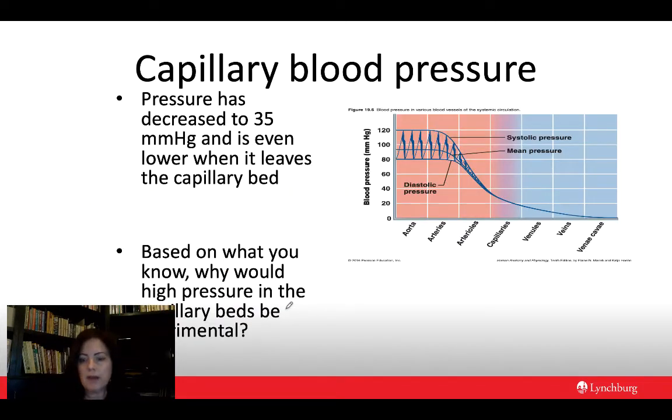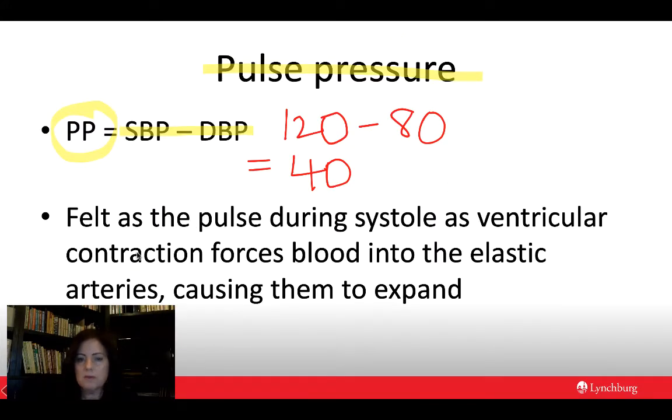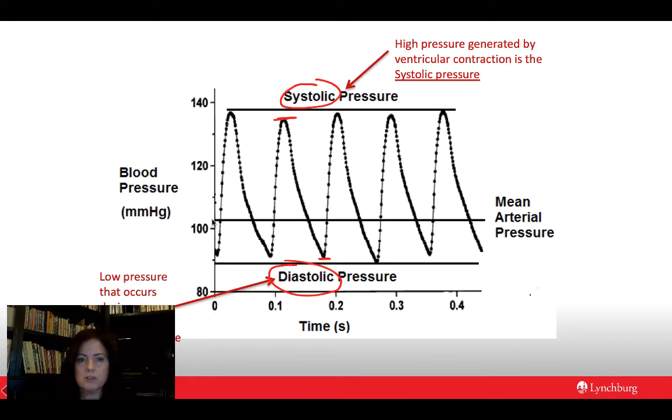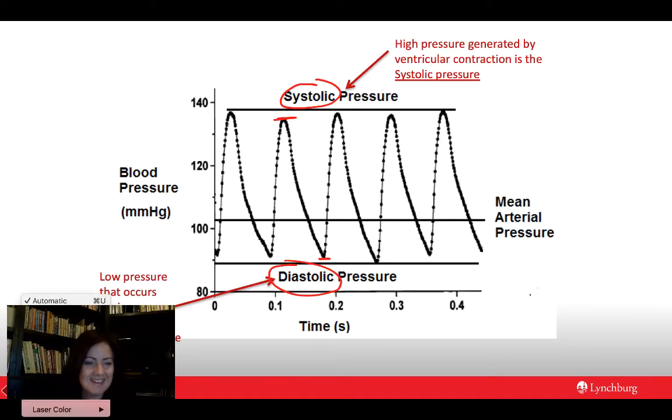It is important to note that our mean arterial pressure is not a halfway point. I'm going to back up, and it's nice on this slide. We already identified our systolic and our diastolic. If we look at our mean arterial pressure here, look, it's not halfway in between the two.